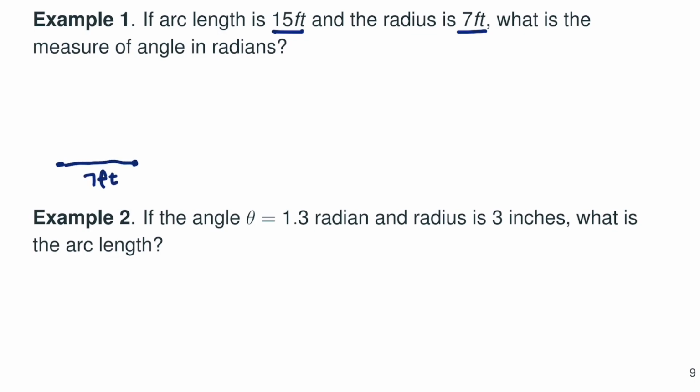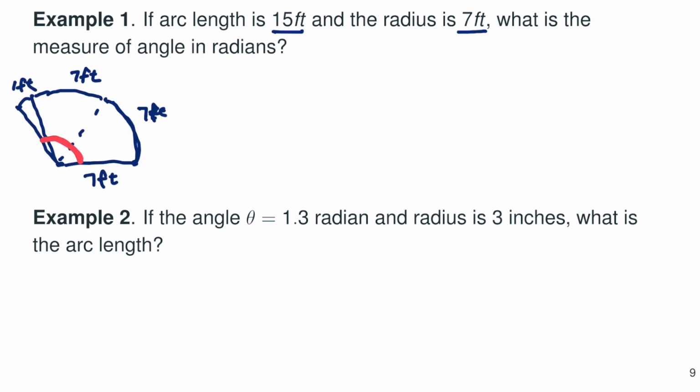So here's 7 feet radius, and we draw maybe 7 feet of arc length, something like this, 7 feet. Draw another 7 feet. There's 2 radians. Now 7 and 7 is 14, right? So we have to go one more foot. So we're essentially finding this angle. What is this in radians?